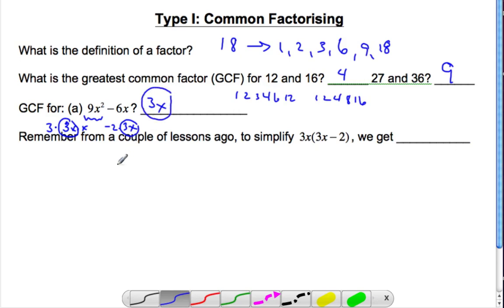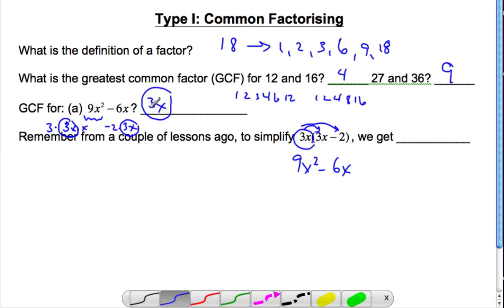And so I end up with 3x as the greatest common factor. Okay. And so a little while ago we simplified this by multiplying, and when we multiplied it, we got 9x squared minus 6x. So the greatest common factor is 3x, which was here.